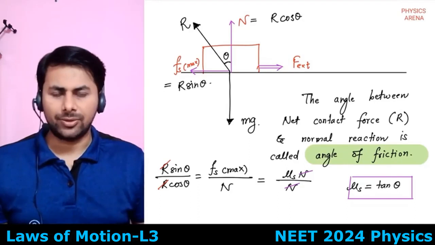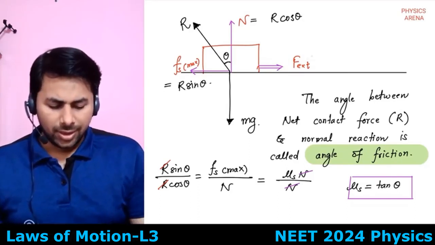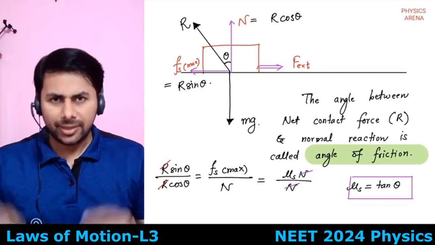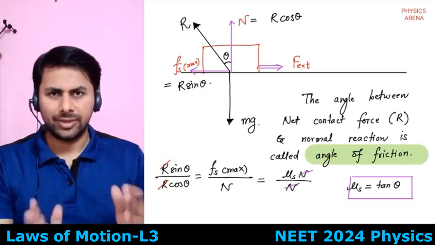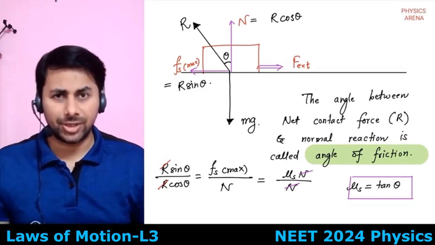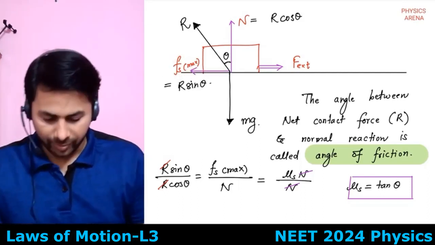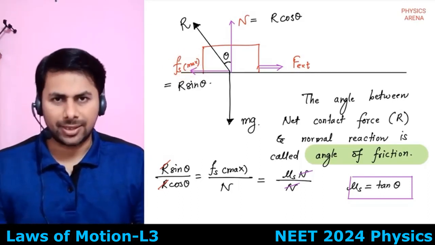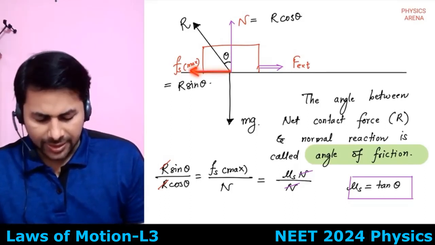Up to some value of this external force, the block will not move. Now suppose Fext is the value when the block just begins to slide. That means this value is equal to how much? The maximum value of the frictional force, which will act in the opposite direction. Okay. So it is Fs max, right? So Fs max is in this direction.